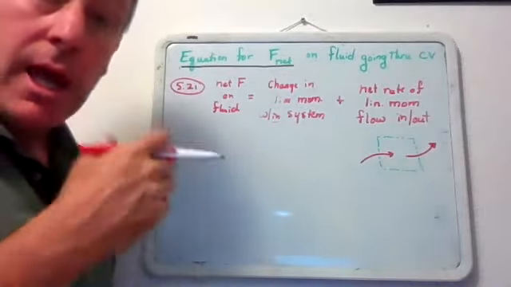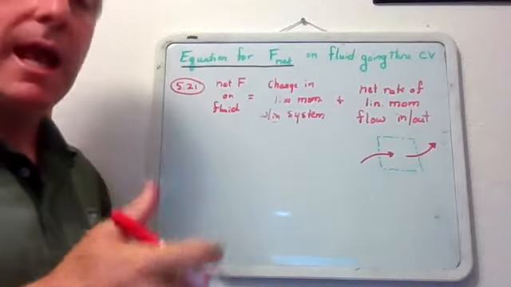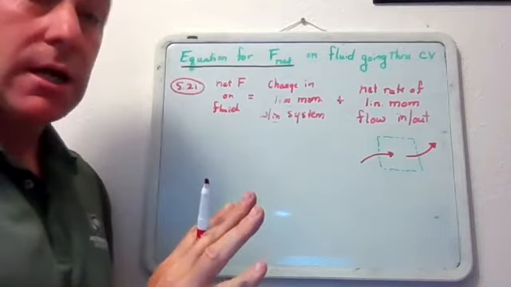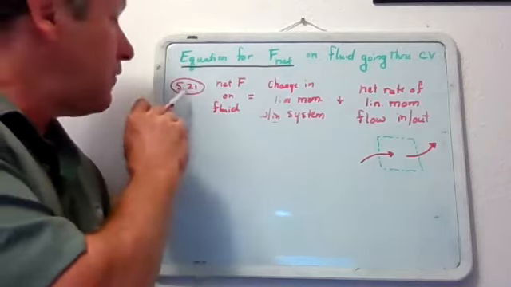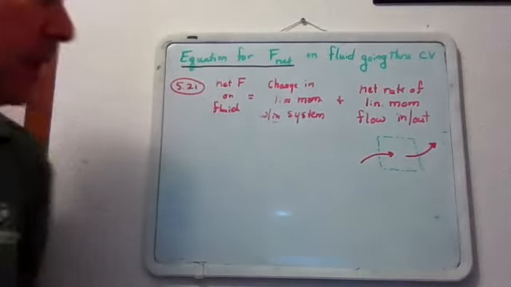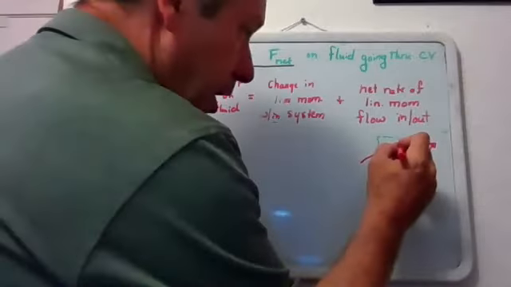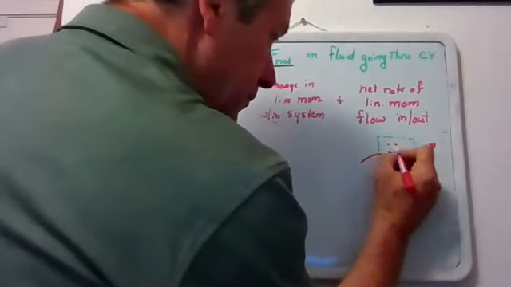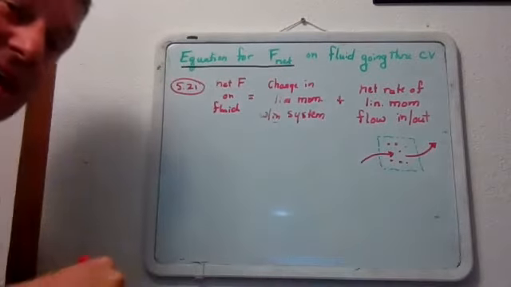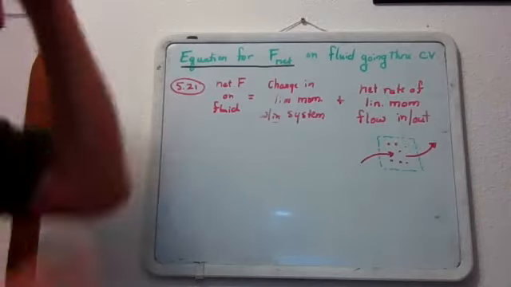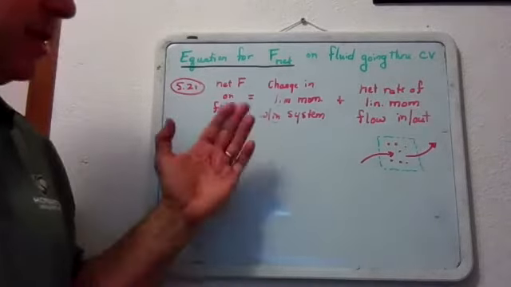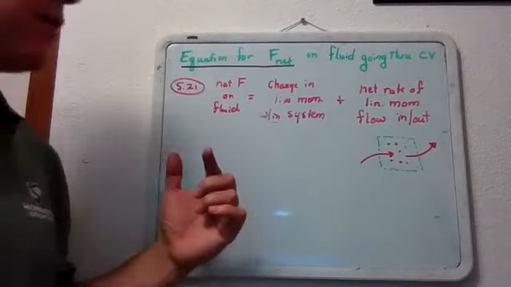It is expressed both verbally and using calculus to give a complete analysis. Let me spend 1 minute talking about it. 5.21 in short says, what is the net force on the fluid? It's possible that there are contents within this control volume that essentially stay in that control volume, and there's some sort of change in linear momentum going on.